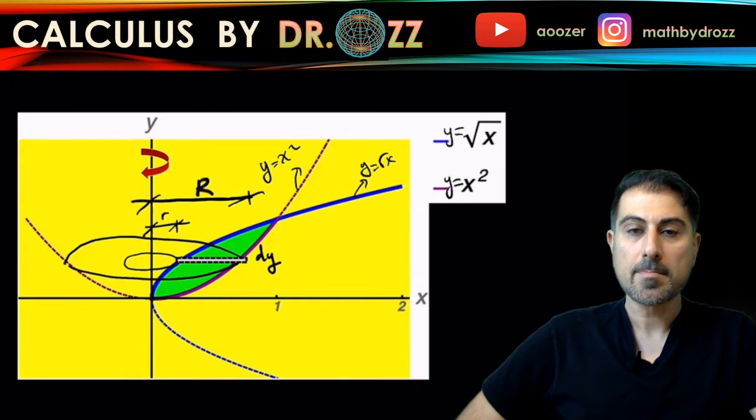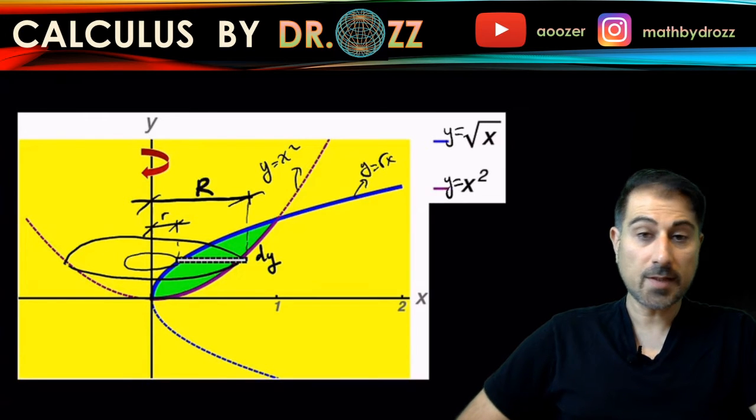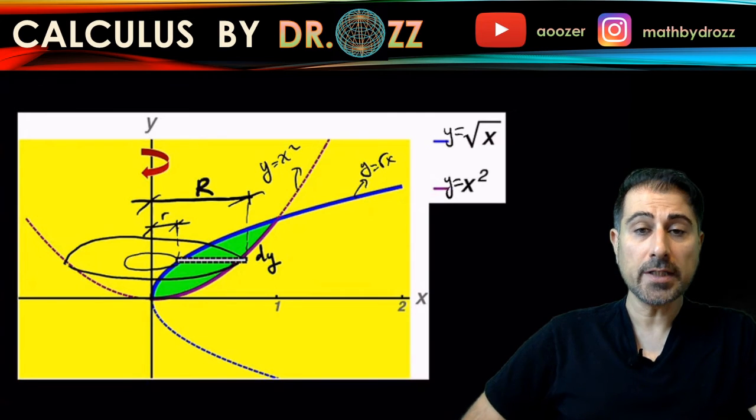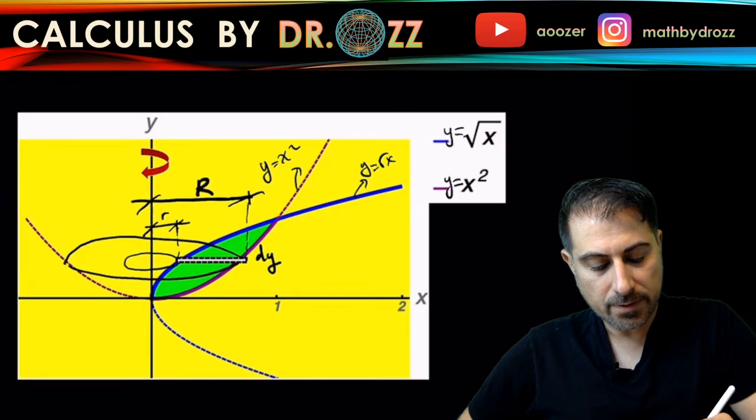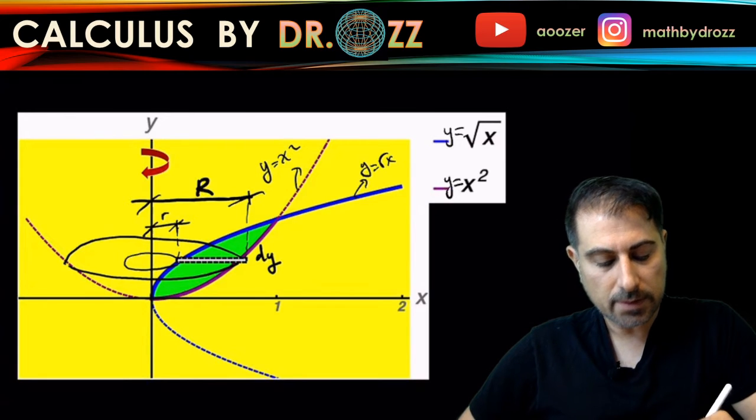All right. So this time we're going to say that this slice is y units far from the x-axis. So for that reason, let's say this is just y.